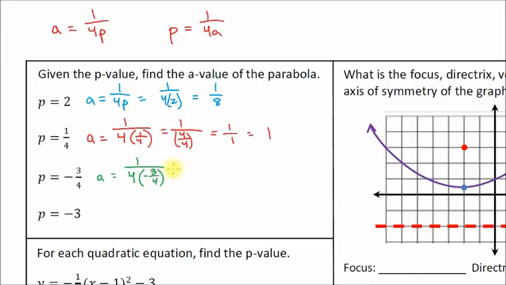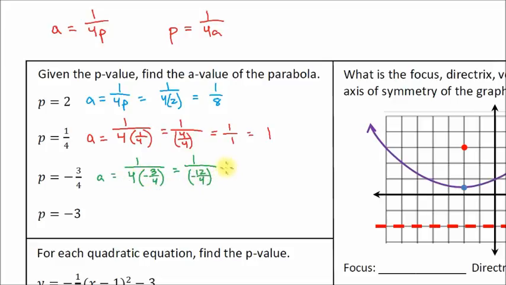We're going to multiply the numerator times the numerator. This is like 4 over 1. 4 times 3 is 12. And then this has the denominator of 1, so 1 times 4 is 4. And don't forget, that is still negative, because a negative times a positive is negative.